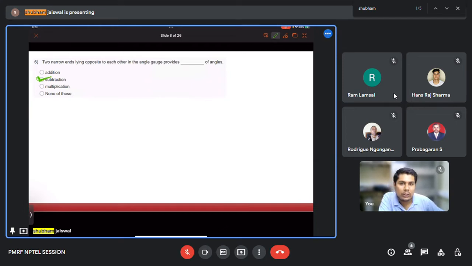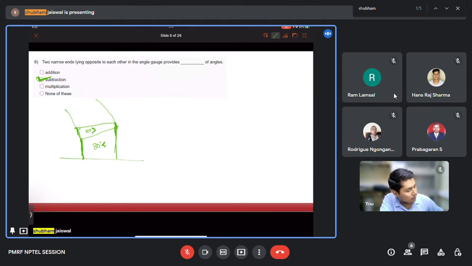subtraction. Okay. So suppose I have one angle gauge, this is the narrower edge and this is the broader one, and these two edges are opposite, like this is 30 degree and this is 5 degree.